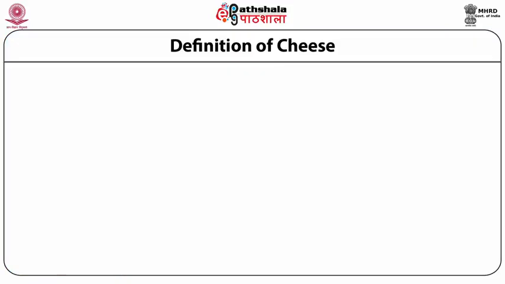There is also classification based on the origin, for example, the place where that particular cheese had evolved. Finally, we'll be seeing in the subsequent slides what we have in store for the technology of cheese part 1. Let us see the definition of cheese.